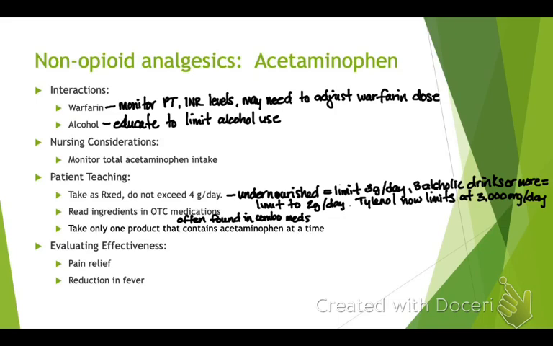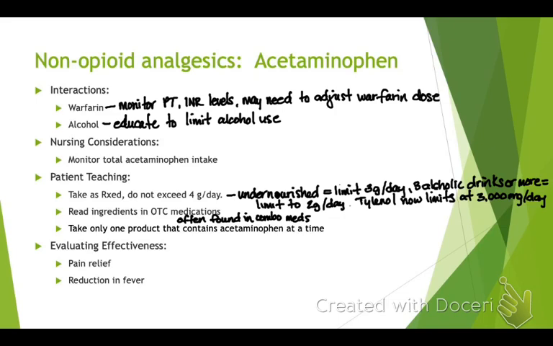So if you've got a patient who's taking Percocet, 2 tablets every 4 to 6 hours, they can easily reach a high dose of acetaminophen intake. So you want to be very cautious with how much they're taking on a daily basis.